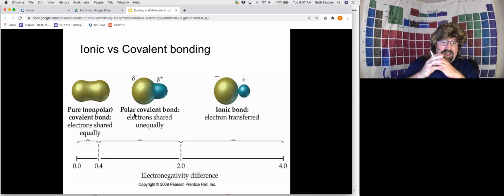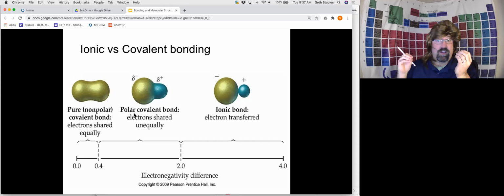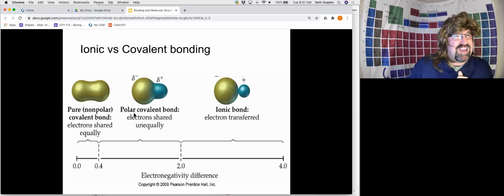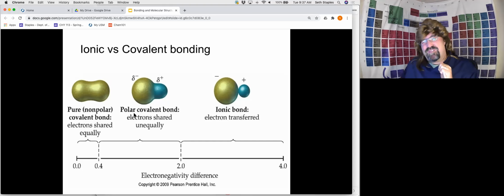It hasn't created what we'd call a full charge like on an ion, but the electrons are spending enough of their time near one atom that one atom sort of starts to look negative. And the other atom, a little bit, starts to look positive. That's what we mean by this partial negative and partial positive.